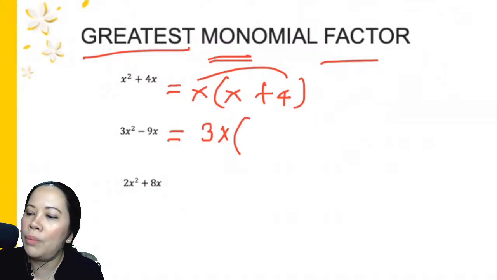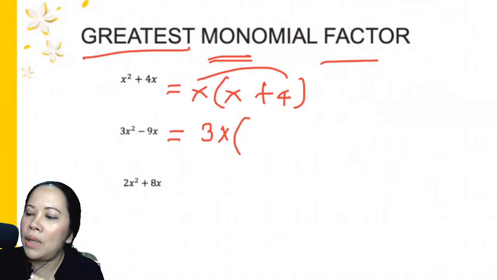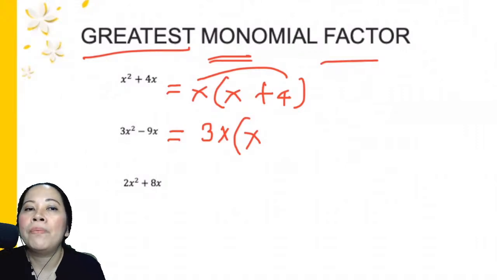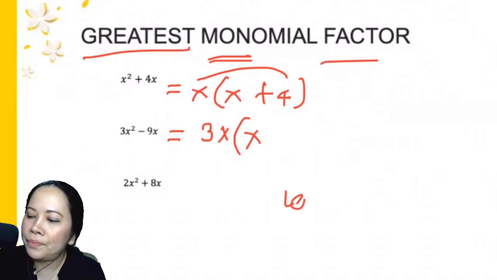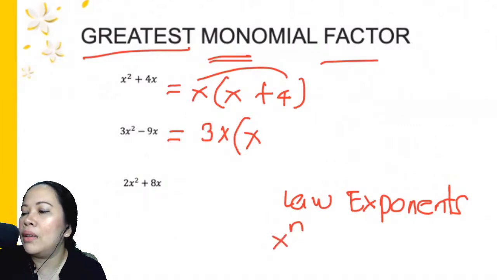And then you open bracket. What should you multiply to 3x to get 3x squared? That means there's an x, right? 3x times x will be 3x squared. Please do take note of the law of exponents. I think you have done this in Year 7. If you have the same base, what you do is you add the exponents, so n plus m.